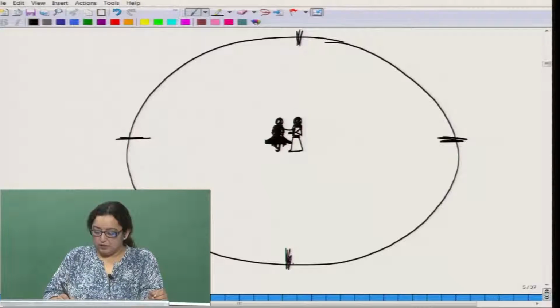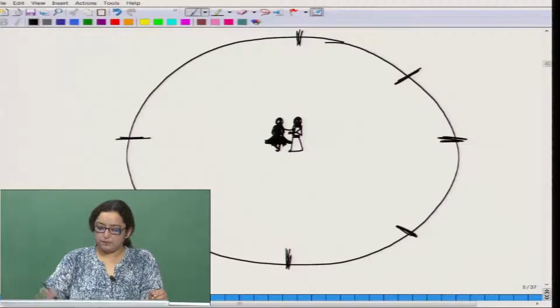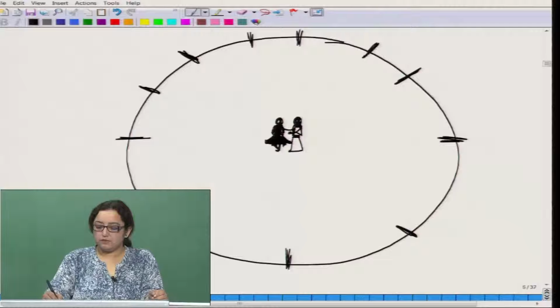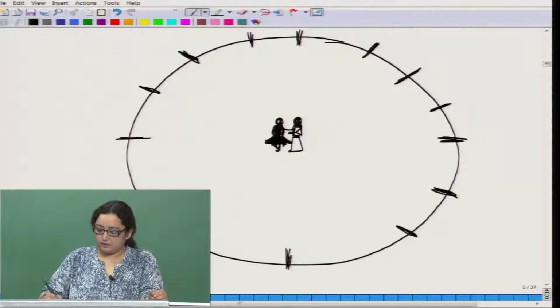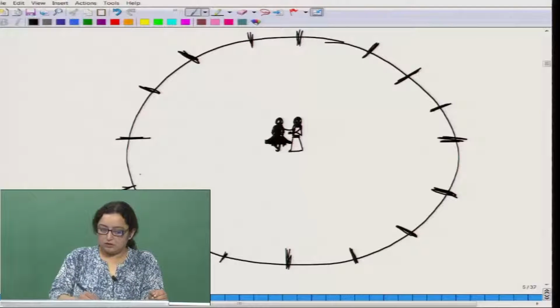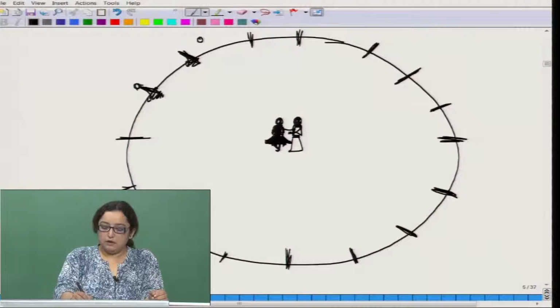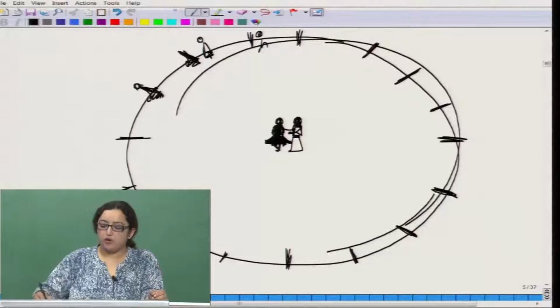So, we get to see multiple Krishnas repeated in the whole composition, dancing with each gopi in a circular order.